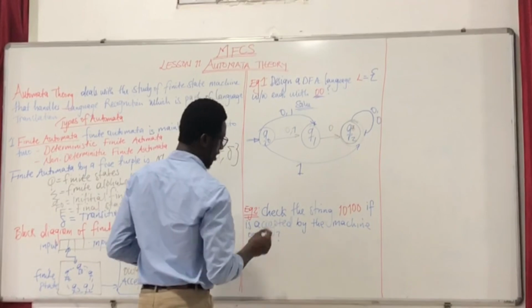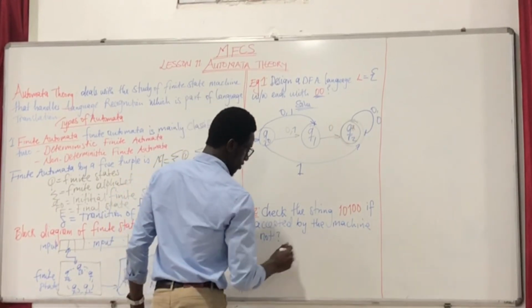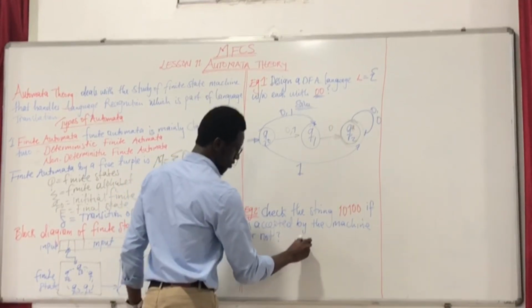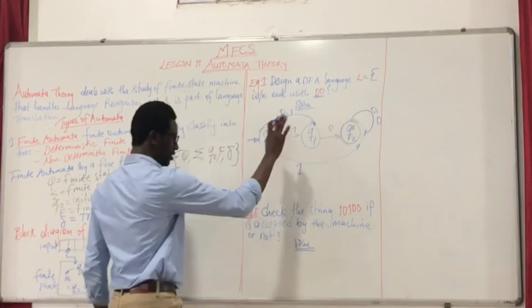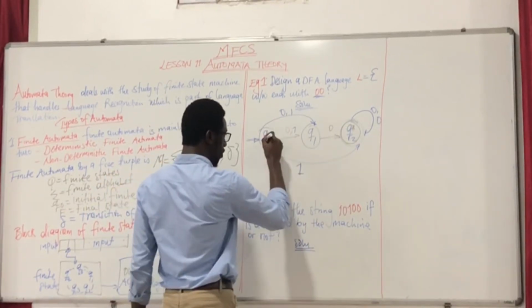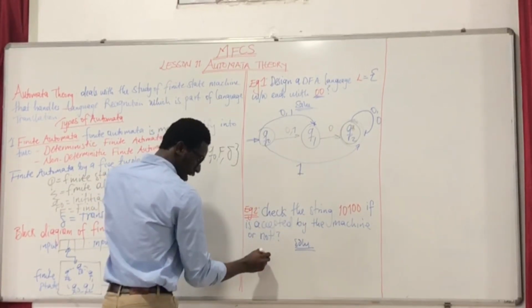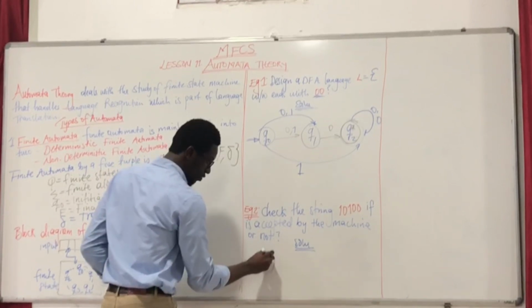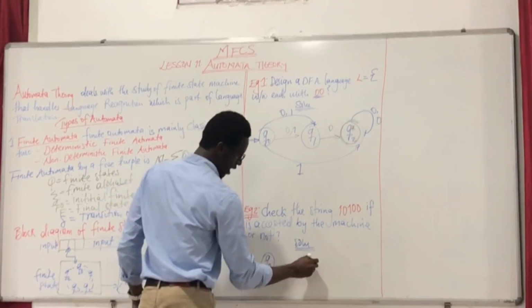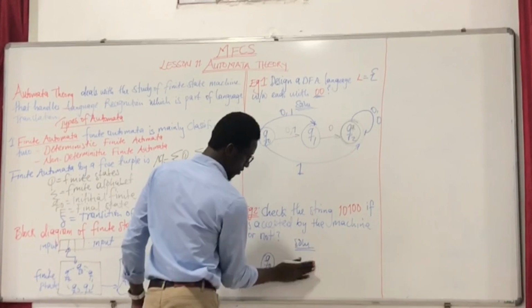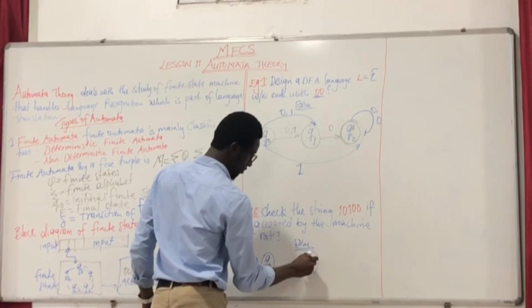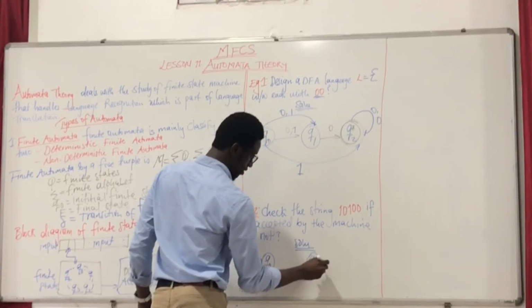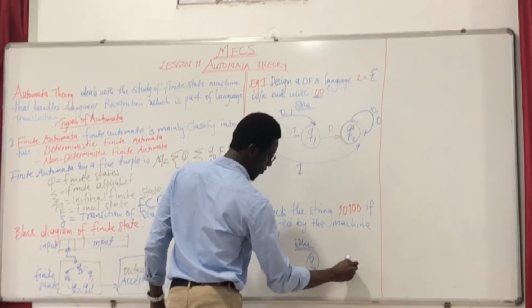So first, you can use the same diagram or draw a similar diagram wherein your initial state is Q0, and here you have Q1 and Q2.